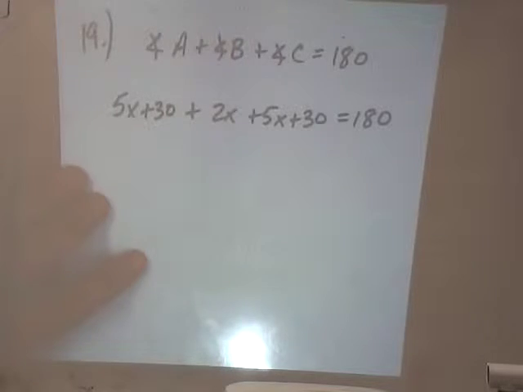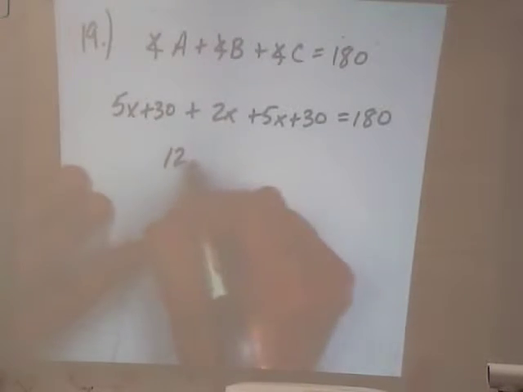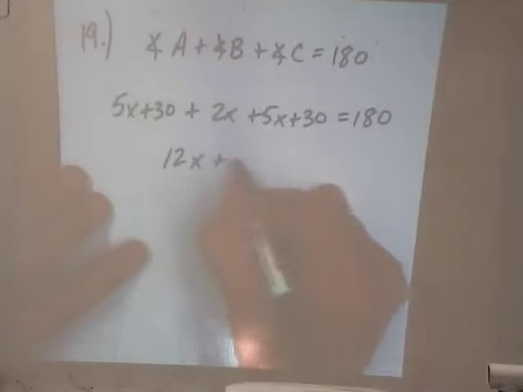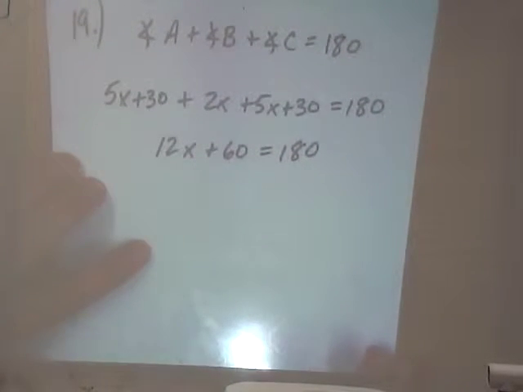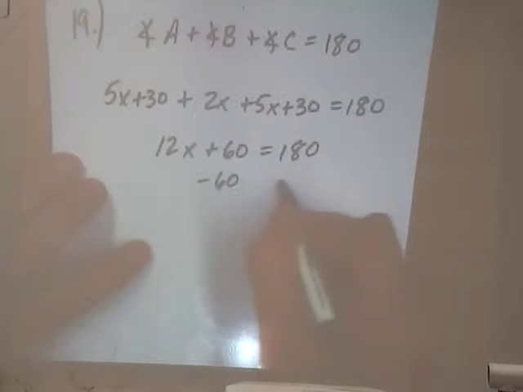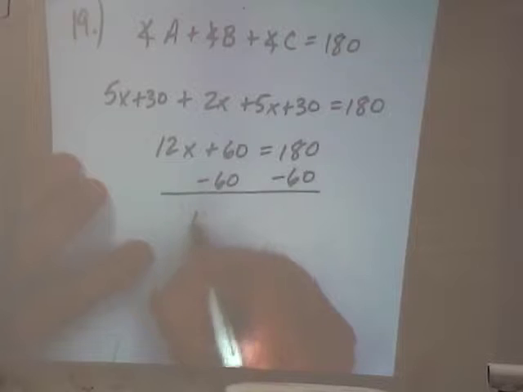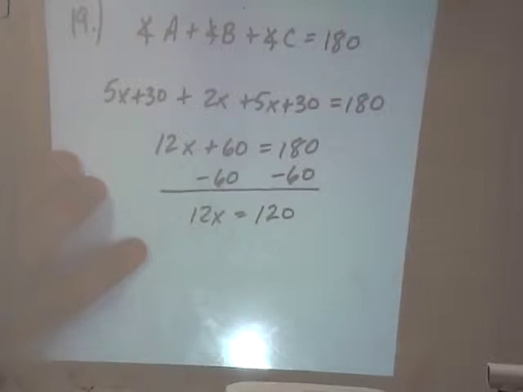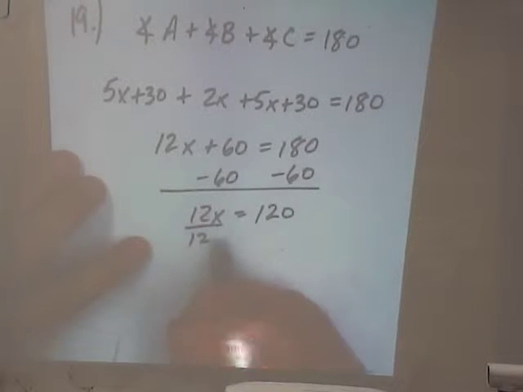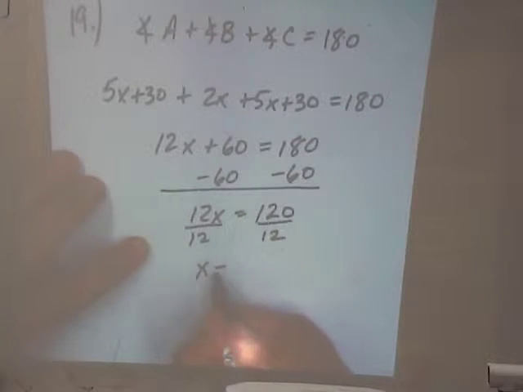Combine like terms. We got 12x plus 60. Now what? Minus 60 to both sides. Divided by 12. X is equal to 10.